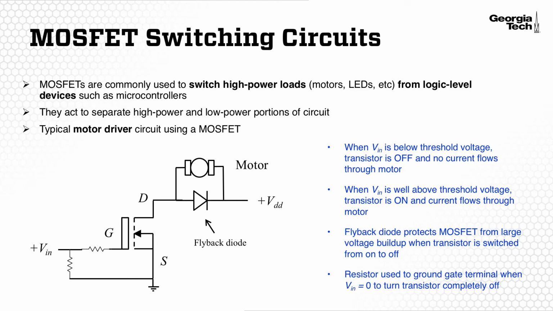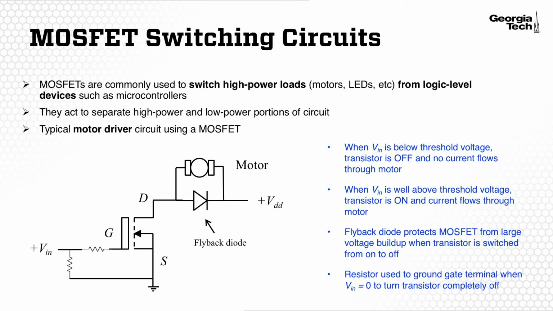So current will flow through the motor, and that motor will turn on. Now when Vin is then set below the threshold voltage, the drain source resistance all of a sudden becomes extremely high, and now no current is going to flow through the motor because that drain source resistance is so high. That's essentially turning a switch off, or disconnecting the high power portion of the circuit.